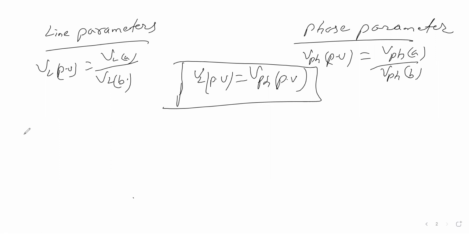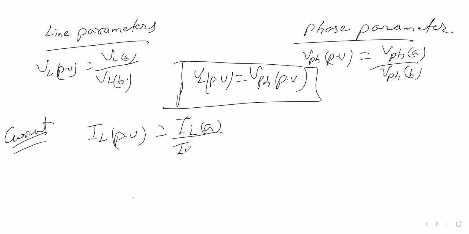Now, second is for current. For current, we know IL per unit would be IL actual by IL base, right?